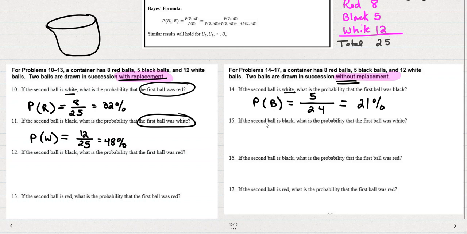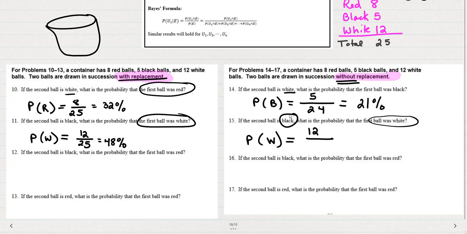How about the probability, if we know that the second one was black, what's the probability that the first one was white? So the probability of getting that white was 12, because there's 12 marbles, and that first one being black doesn't affect how many white marbles there are.